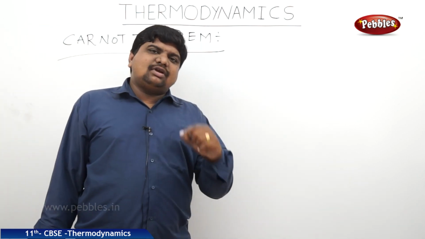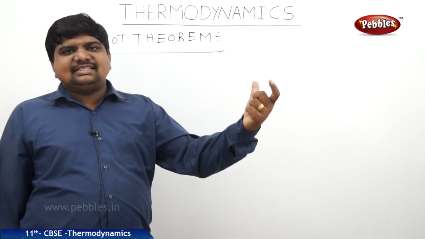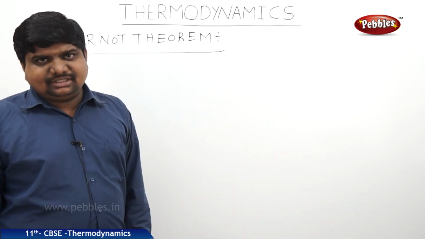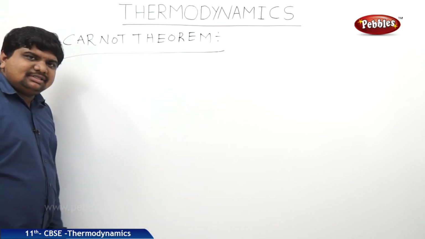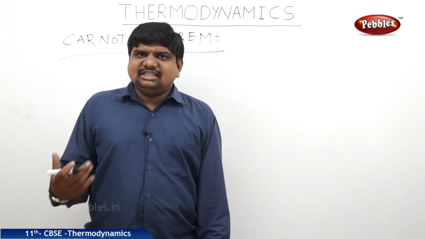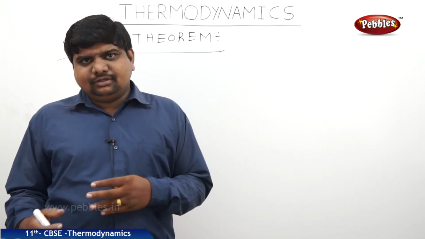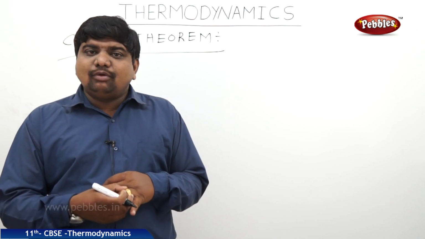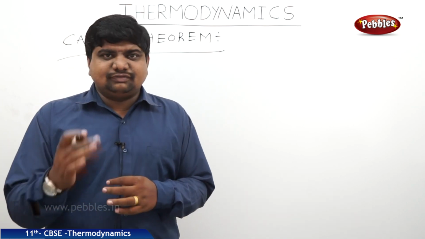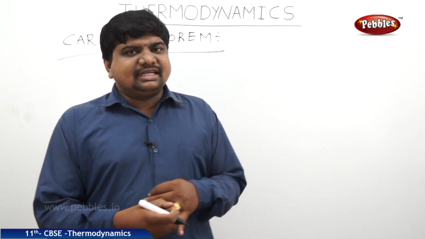Carnot heat engine is one of the ideal heat engines, which is based on the concept of exhausting of heat from the working substance. So what are the main points in the theorem? Any engine which is working between two temperatures like T1 and T2 cannot have an efficiency more than the Carnot heat engine. That is one. And the efficiency of the heat engine is independent of the working substance.